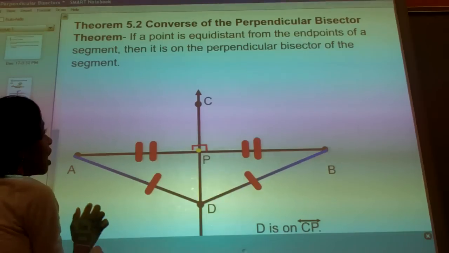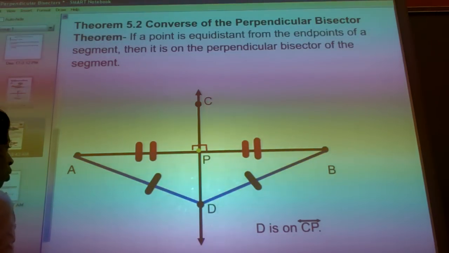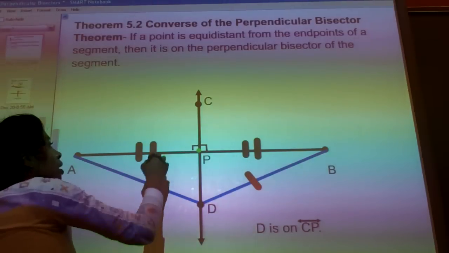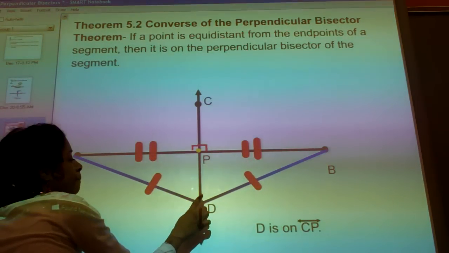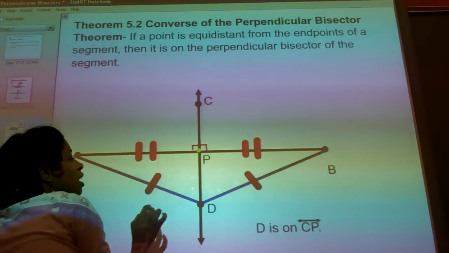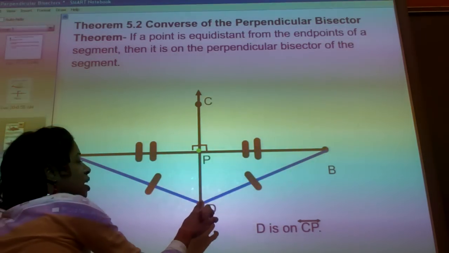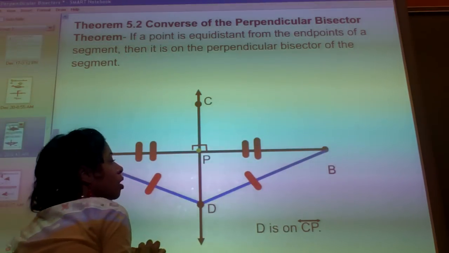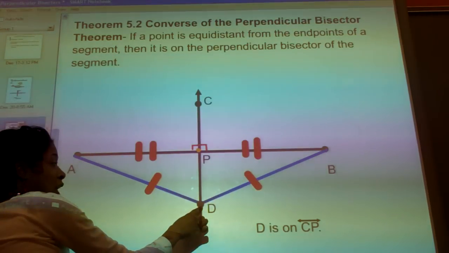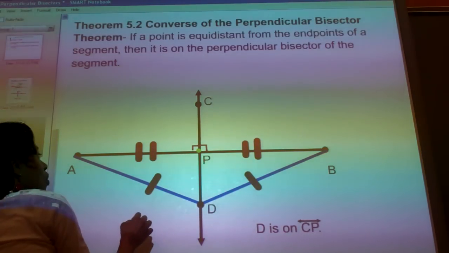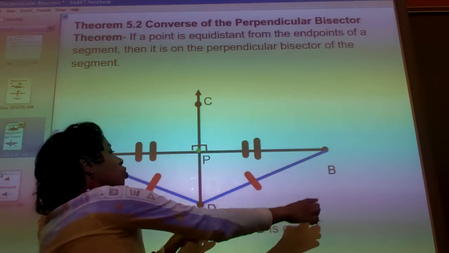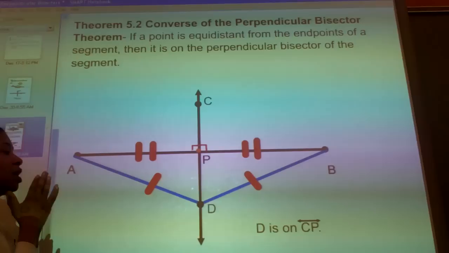Okay? And if that's the case, let's say I call this line CD. Here's my new line. Because CD is a perpendicular bisector, if I draw a line segment from D to B and another from D to A, remember AD is going to be congruent to BD.